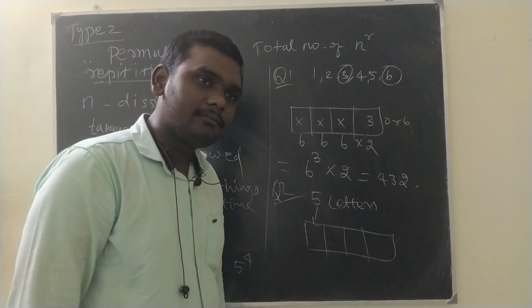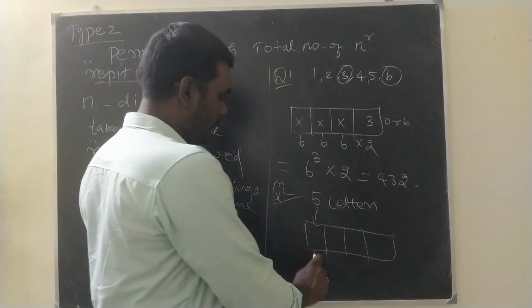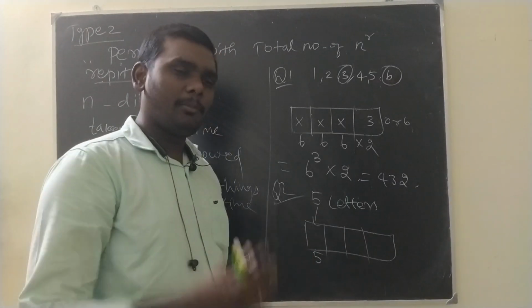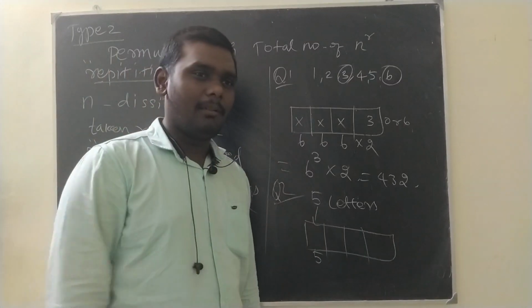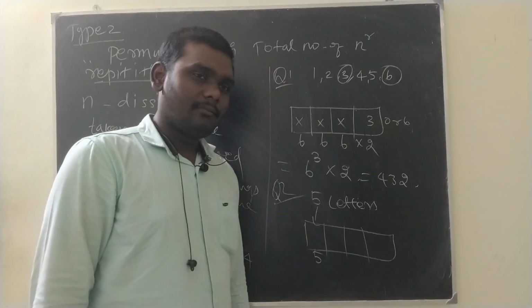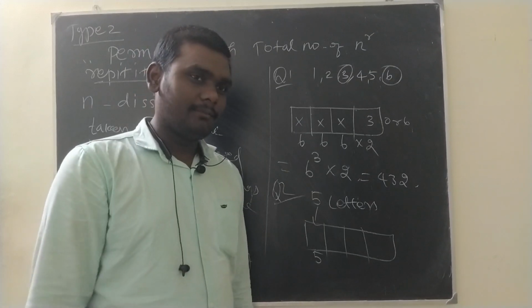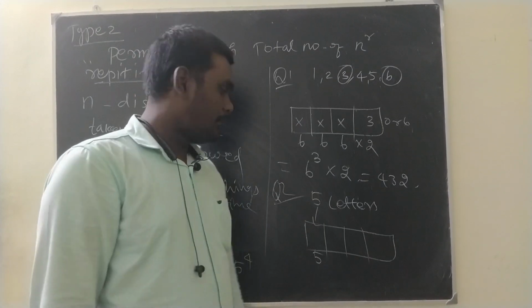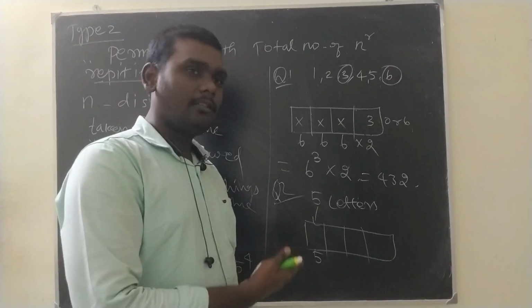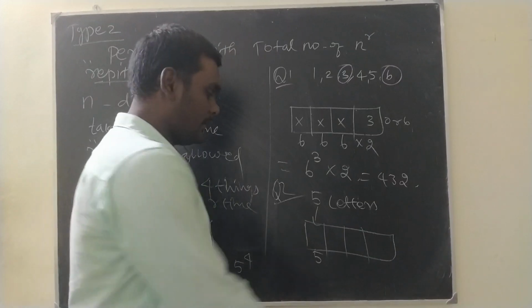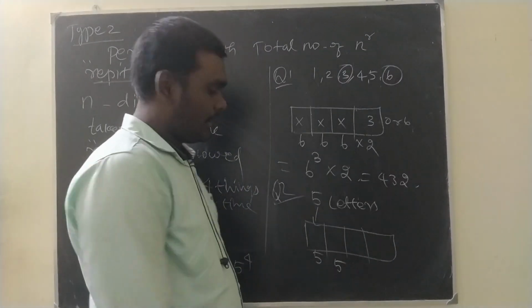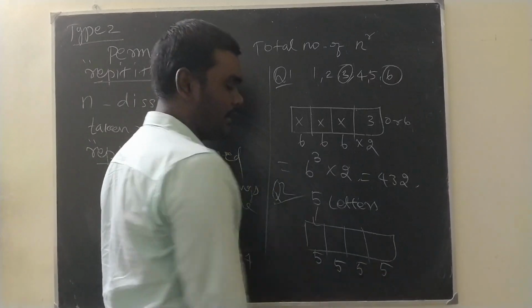Is it or not? So this has 5 chances. Yes, if you post anywhere, it will go to the destination. Repetition is allowed, right? So for each letter you can choose any box, the maximum number of chances. This also has 5. That also has 5 chances. This also has 5 chances.